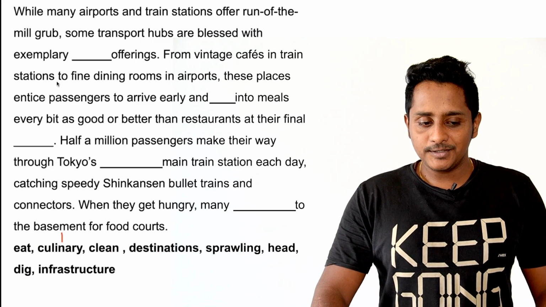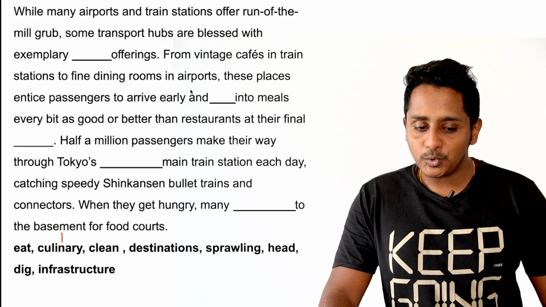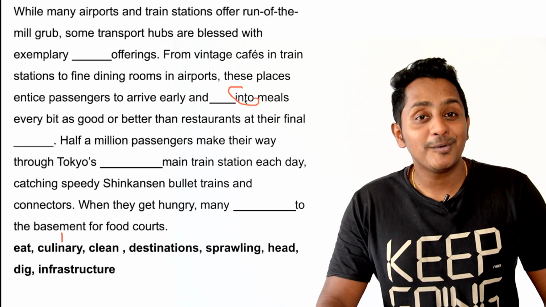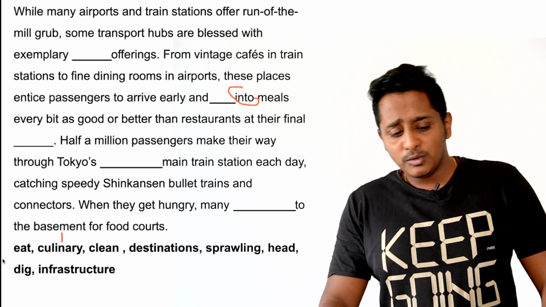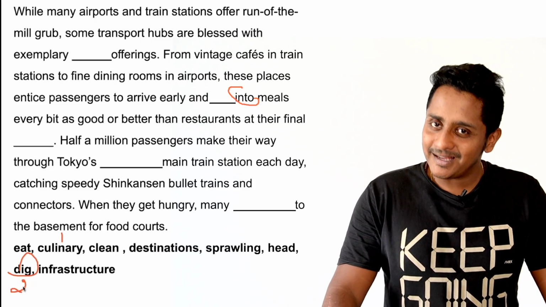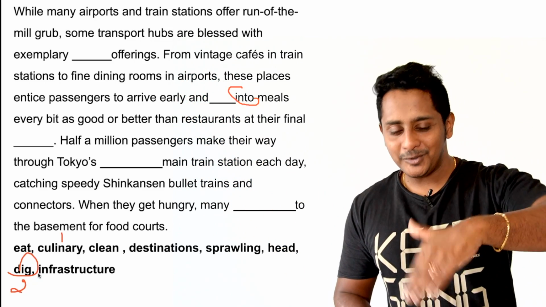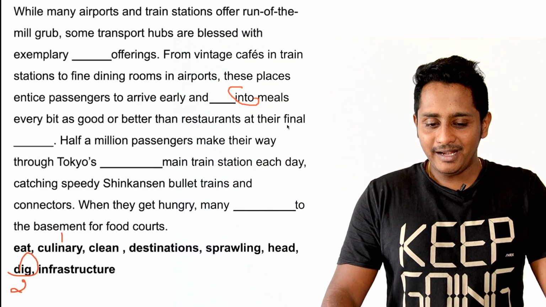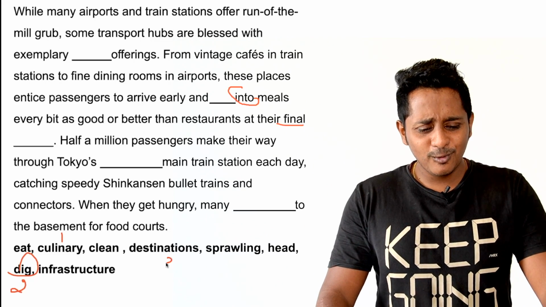From vintage cafes in train stations, these places entice, attract passengers to arrive early and dash into, collocation now. Dash into: head into? You don't say head into, dig into is what you say. Head into the city, head to the city, not into something. Dig into. At their final... movie name, I know, Final Destination. Go with collocation.